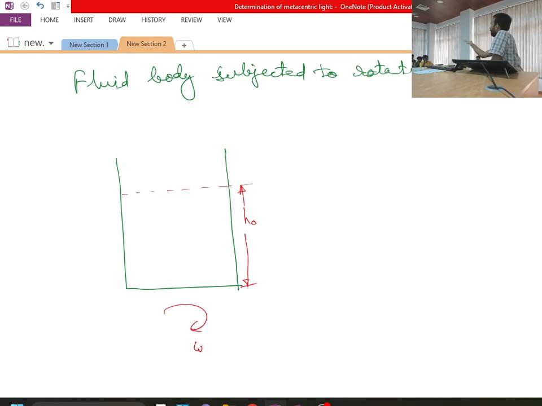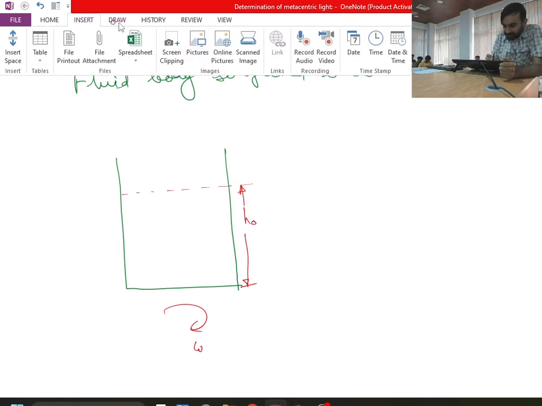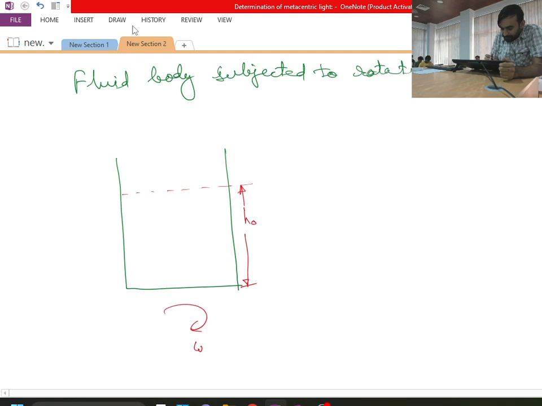Have you seen a rotating water container? What happens to the free surface? It becomes curved, something like this. If I draw the free surface over here, it must look something like this. Is this clear? This is the free surface.